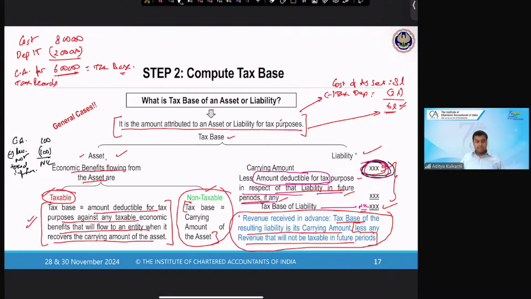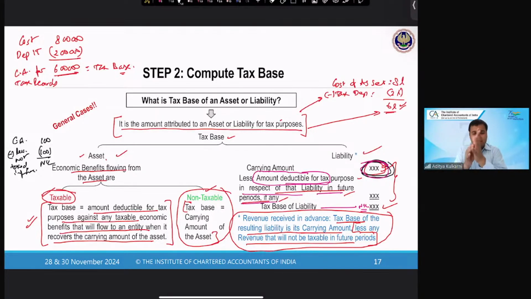What you notionally will be passing for tax purposes, that itself becomes your tax base, as long as it is part of the tax balance sheet. Yes or no? Yes, sir. Okay. So this is the first method.